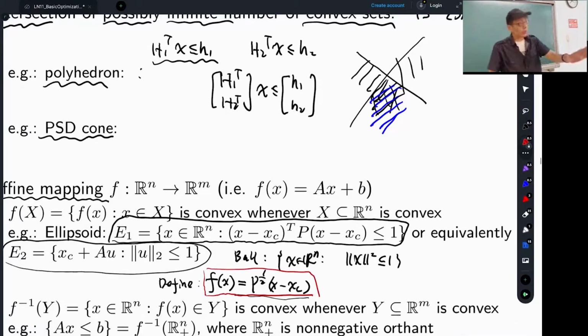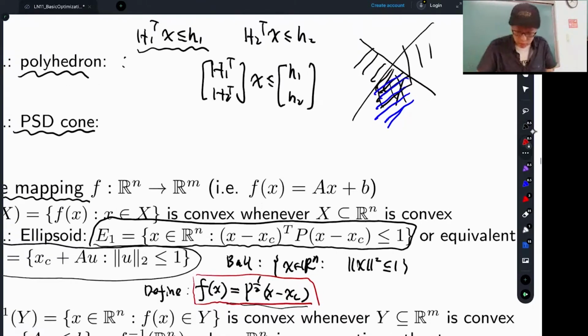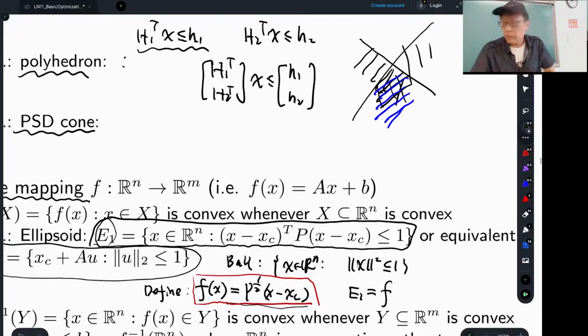Linear, affine function, right? Okay, good. That's a linear or affine function. Let's use them interchangeably. Then I can say, this is E1. E1 is nothing but the affine mapping f of this unit ball.